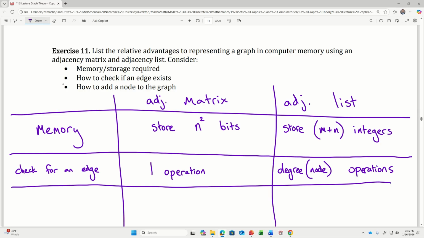The last thing is, what if I wanted to add a node to the graph? In an adjacency matrix, a node gets added to the graph and I have to put up all of its edges that apply.